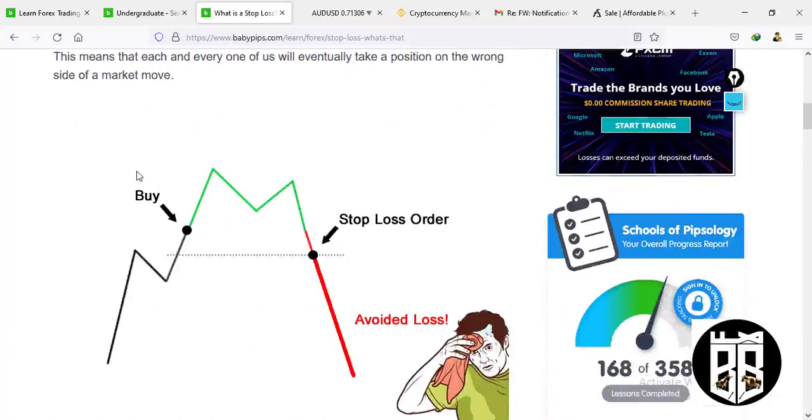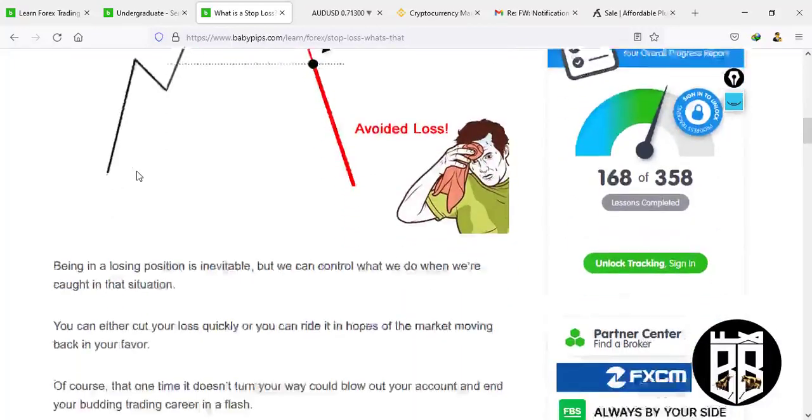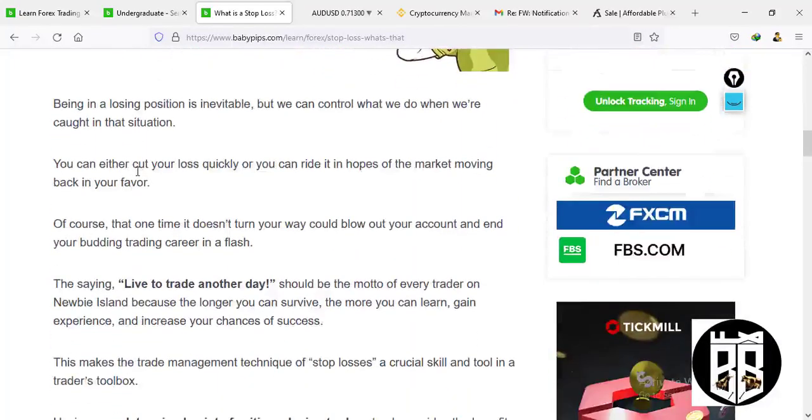So what does that tell us? That we have to be very pragmatic and proactive in terms of saving, or protecting, our trading capital. Being in a losing position is inevitable, but we can control when we get out of that situation.